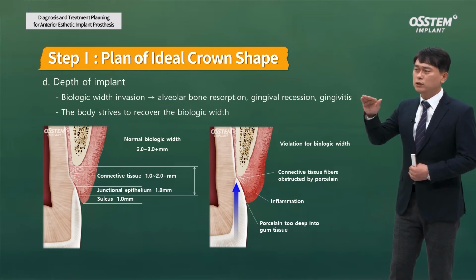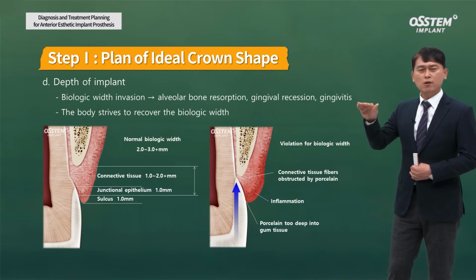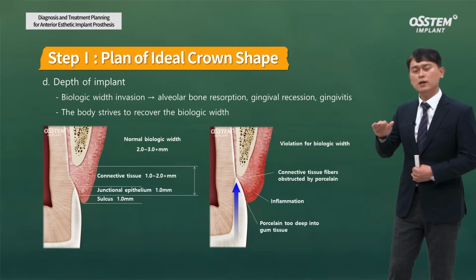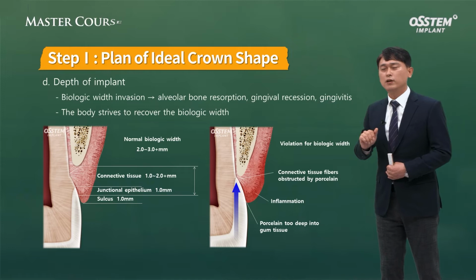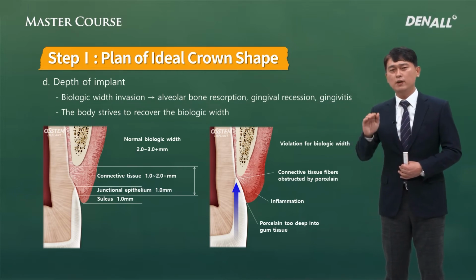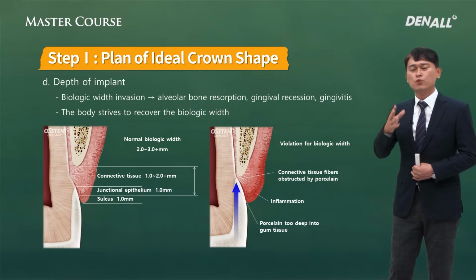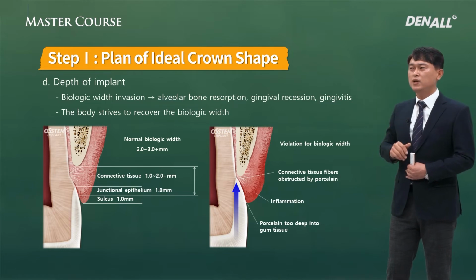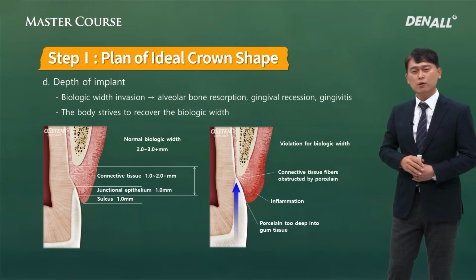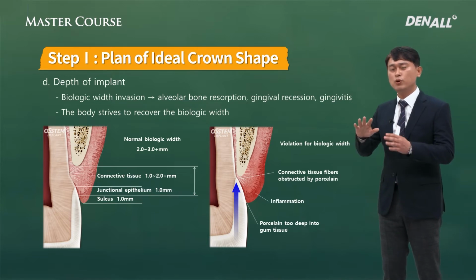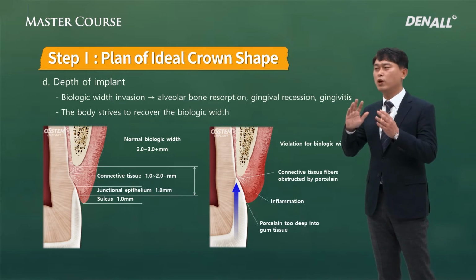What is really interesting is that these numbers, our body tries to maintain these numbers. If I make prosthesis that violates the biologic width, our body eventually causes inflammation to secure 3 millimeter. With inflammation, hard tissue and soft tissue is resorbed and new biologic width is formed.